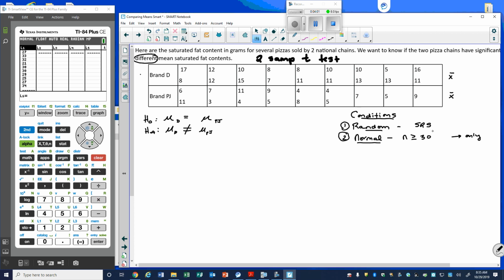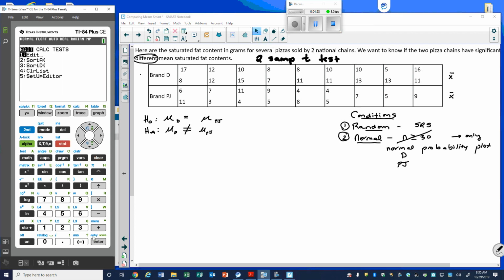If for some reason your sample size is not 30, which in this case is my case, then you do have to check what's called a normal probability plot. Your calculator will do that for you. You do have to check it for brand D as well as brand PJ, which means I'm going to have to enter my information into the calculator.